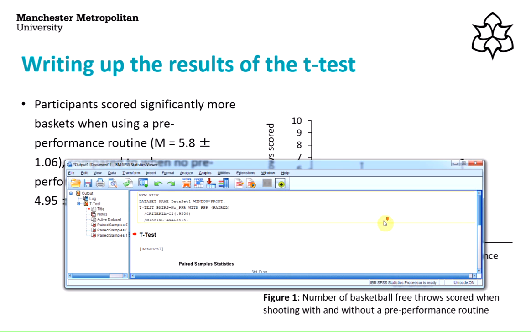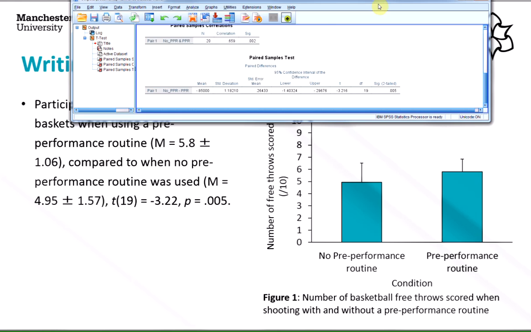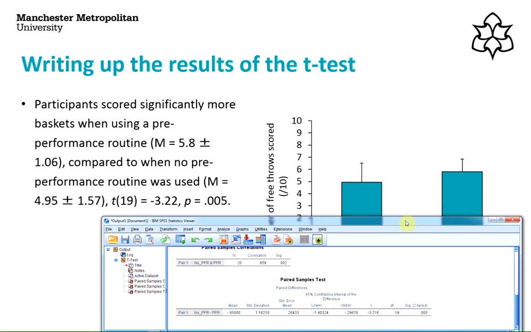The way we write up the results of our paired samples t-test is as you can see on screen. So we could say participants scored significantly more baskets when using a pre-performance routine compared to when no pre-performance routine was used. And we can then specify the mean and standard deviation scores in brackets where appropriate here. We then need to write up the statistical information, as you can see here, on screen.